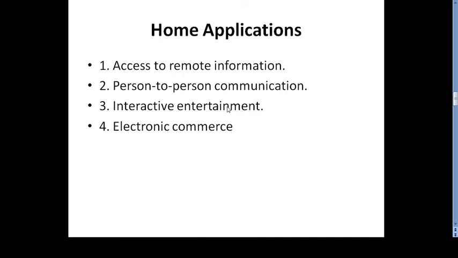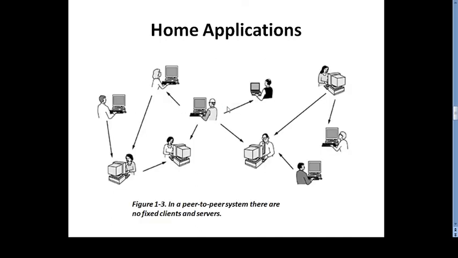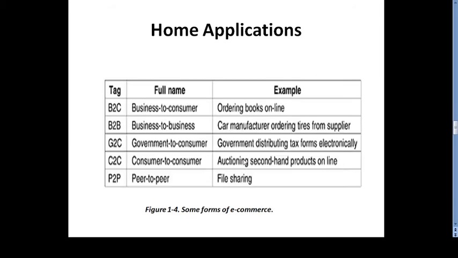The electronic commerce, the best example is this diagram, which represents a peer-to-peer system that does not have any fixed server or any fixed client. So in e-commerce there are some applications: business to consumer, business to business, government to consumer, consumer to consumer, peer to peer.